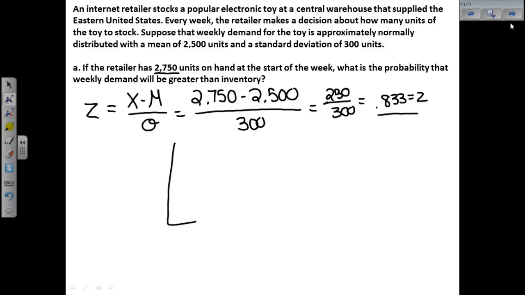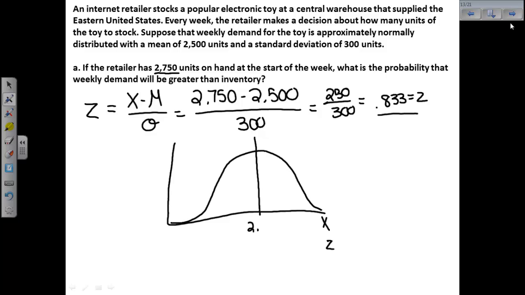So, if we draw this out, ever so shoddily, our mean in terms of X values is 2,500. We know that has a Z-score of 0 because it's 0 standard deviations away from the mean. And we're looking at 2,750. It's above the mean. We just found that the Z-score for that is 0.833.